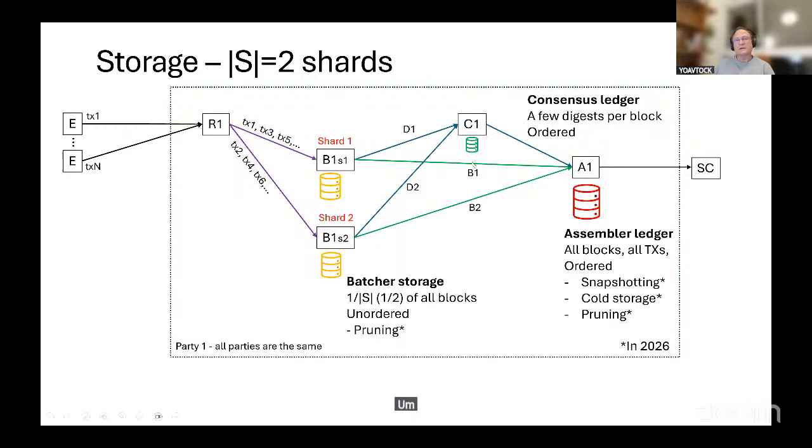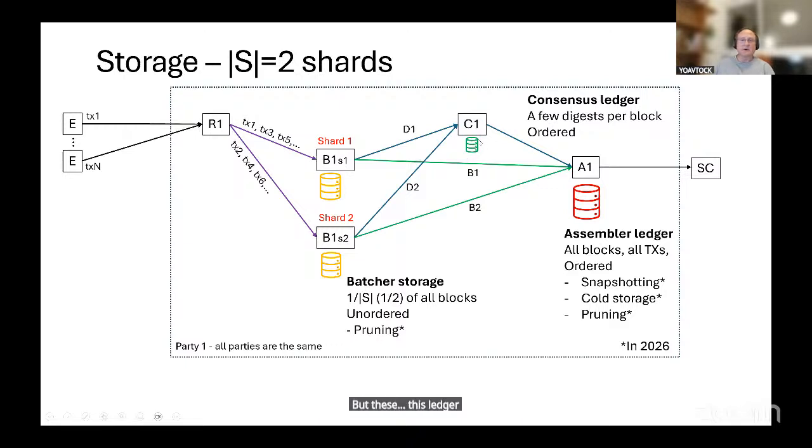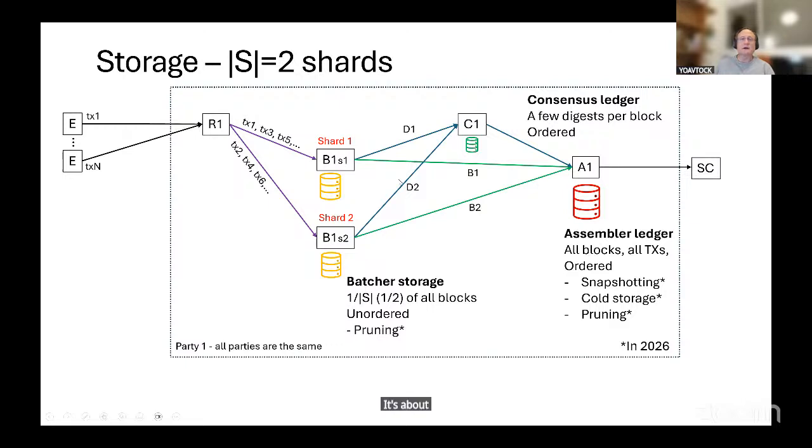The consenter, on the other hand, has a ledger, of course, of decisions, but this ledger is very small, and the traffic into the consenter is quite small. It's about 10,000 times smaller than the storage requirements on the batches. And finally, the assembler ledger contains all the blocks, all the transactions in an ordered fashion.